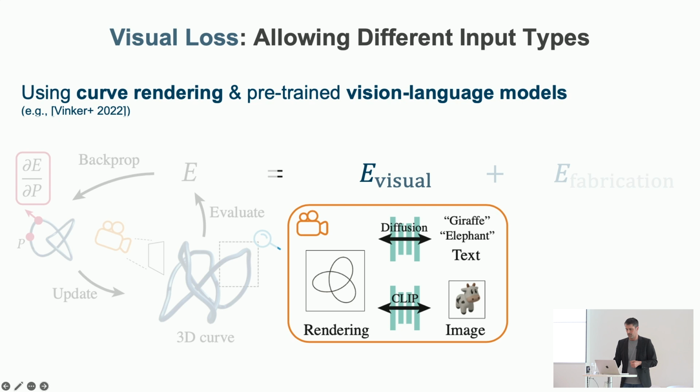Now, for the visual one, the way it works is, we got inspired by some recent work on sketch generation methods that overcome this domain gap between 3D curves and text, by evaluating the rendered curve using some pre-trained vision language model.